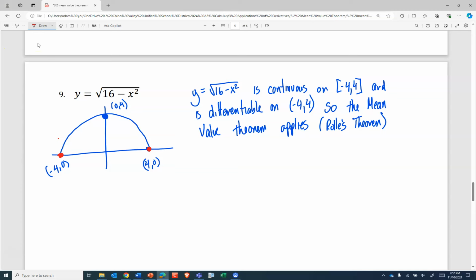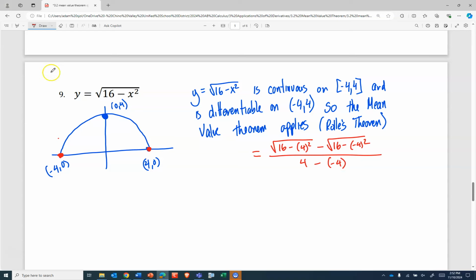Anyways, we need the derivative on one side equals the average rate of change on the other. So I'm going to write the square root of 16 minus 4 squared, minus the square root of 16 minus negative 4 squared, all over 4 minus negative 4.